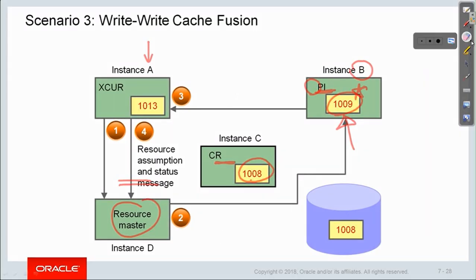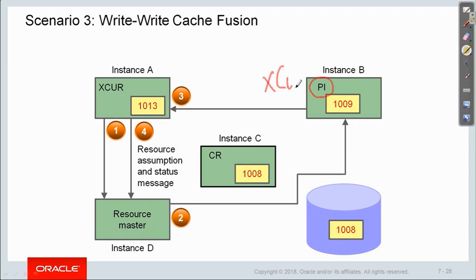Now when you look at here, the block that was current in instance B is not exclusive current anymore. It was exclusive current, but now it got modified to a PI, past image, which means that this block was current, but since we had another DML through another instance, and we granted exclusive current to instance A, I still keep the block that was current.